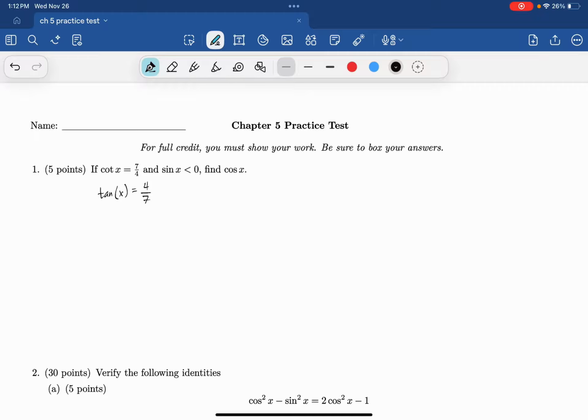And the reason I chose tangent is because if we know tangent, then using an identity that can give us secant. And secant will give us cosine. So that's a little less cumbersome than starting out with cotangent. Okay, so we have the formula 1 plus tangent squared equals secant squared.